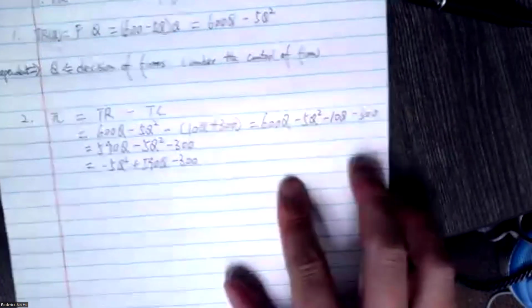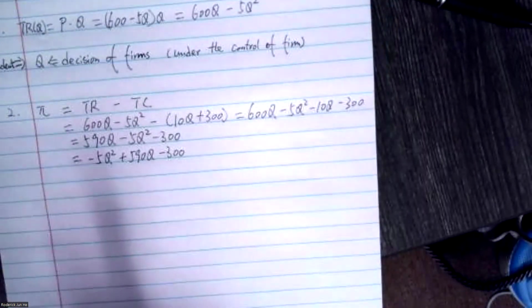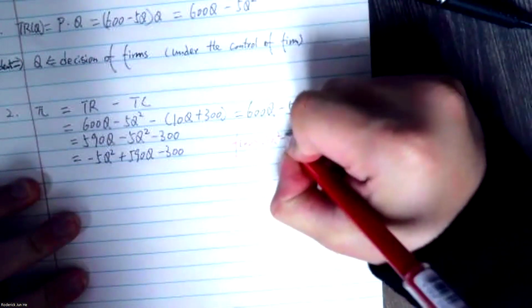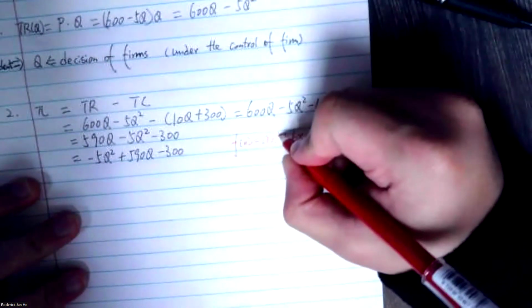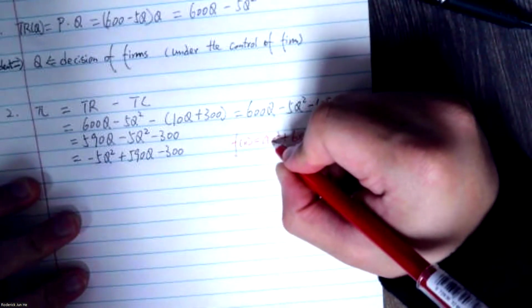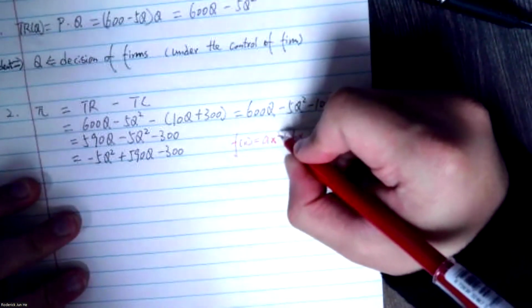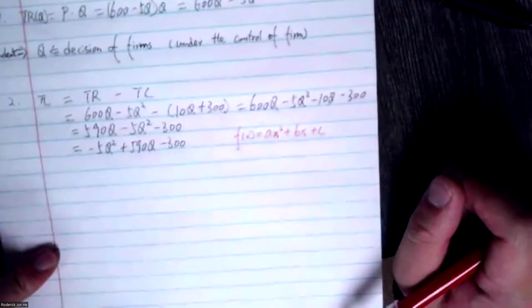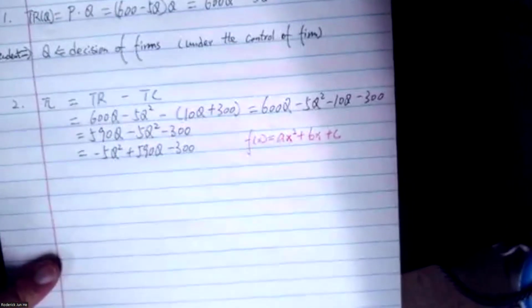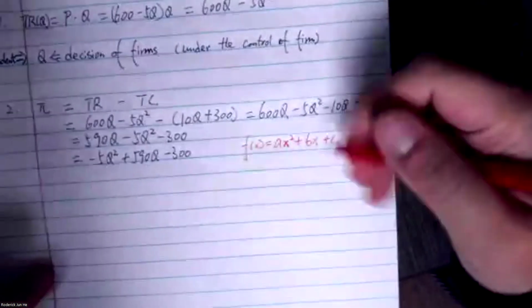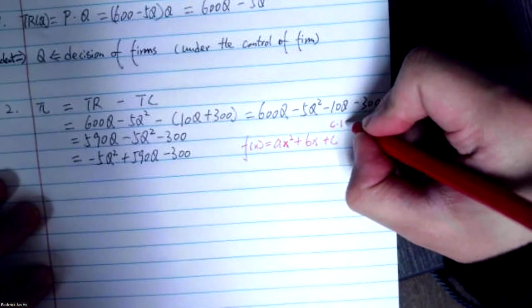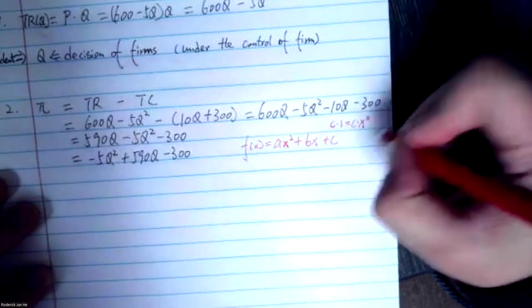Why do we do this? Because the function format that you're familiar with is f(x) equals ax squared plus bx plus c. Here the first term with the independent variable is of a higher power order, and then a descending power order to 1, a descending power order to 0. This c itself can be considered as c multiplied by 1 or c multiplied by x to the power of 0.